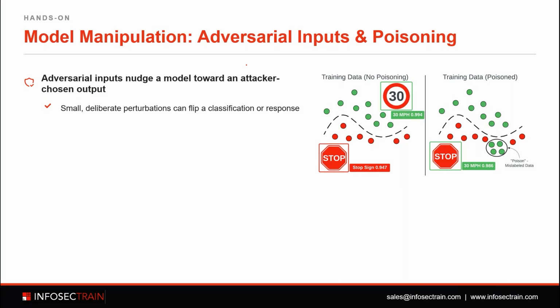So model manipulation refers to the adversarial techniques which alter how a machine learning model behaves during the training, fine-tuning, or inference to achieve malicious outcomes, right? Unlike traditional software exploits, model manipulation targets the statistical and probabilistic nature of AI systems, making it subtle, hard to detect, and often deeply embedded.